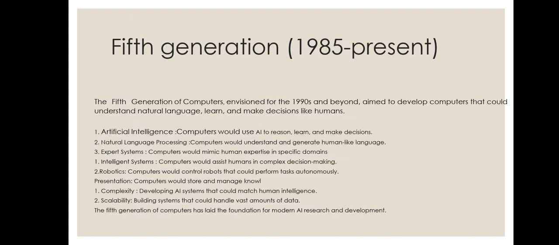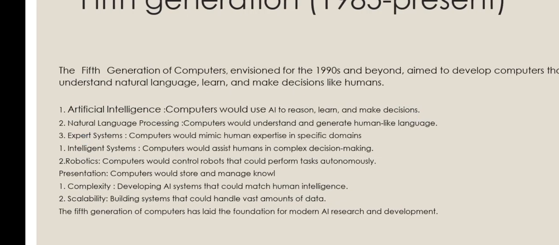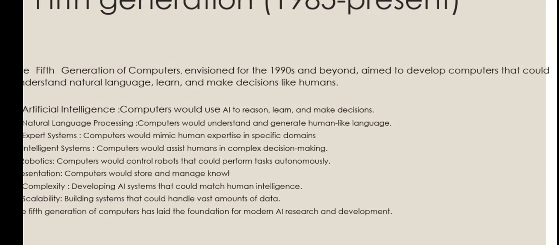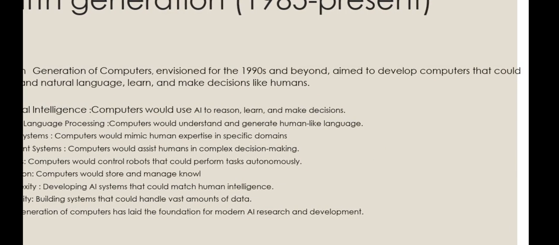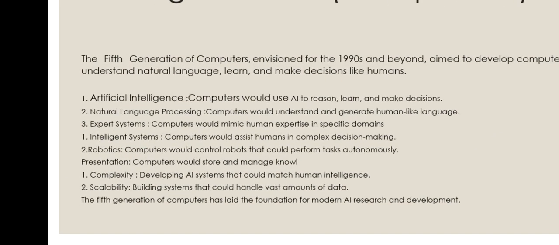Fifth generation, 1985 to present. The fifth generation of computing is based on innovations from the 1990s and beyond, and aims to develop computers that could understand natural language, learn and make decisions like a human.